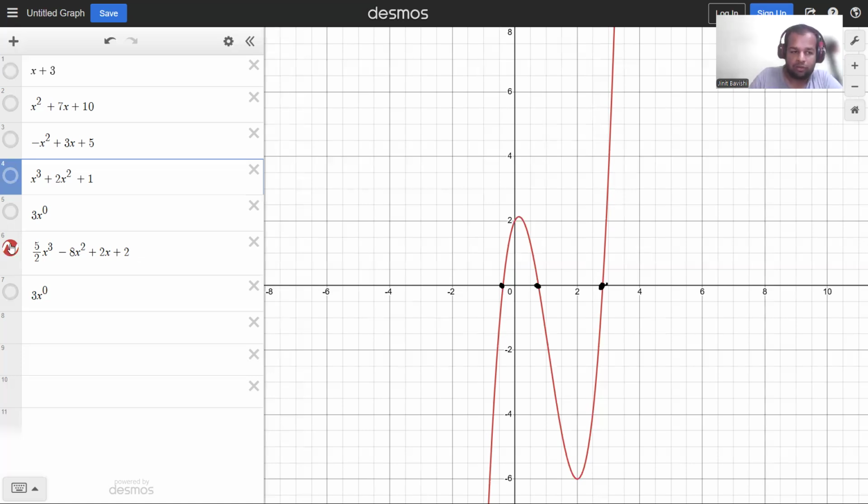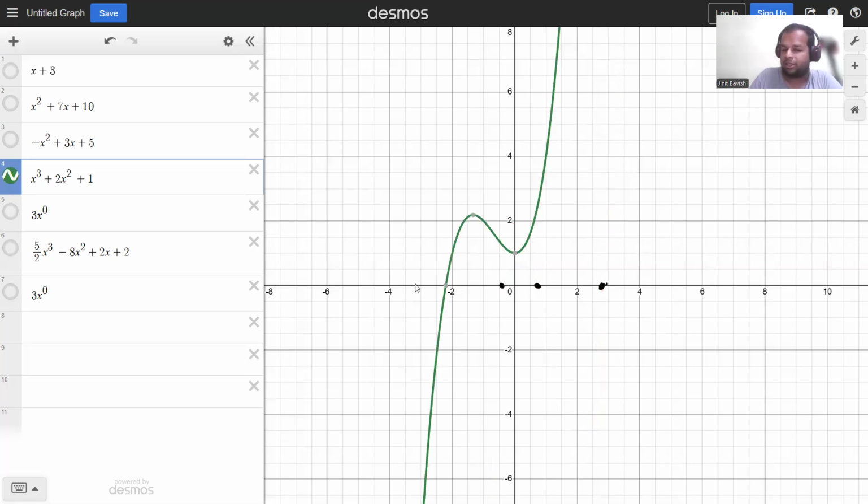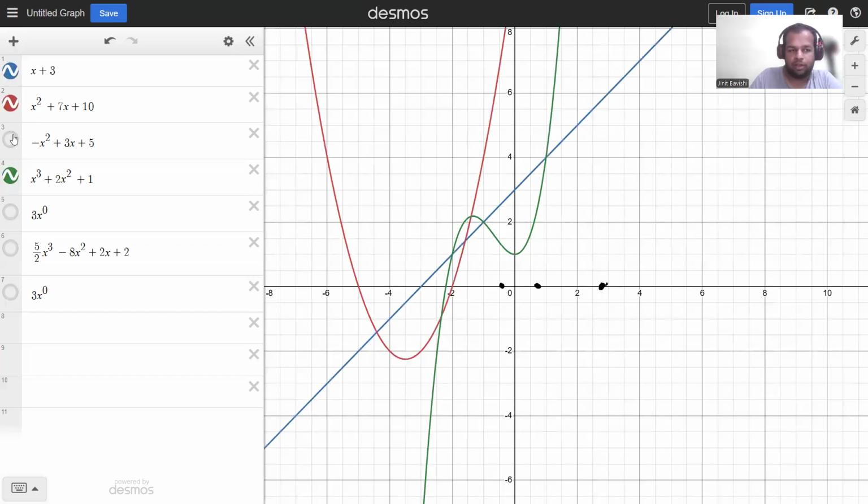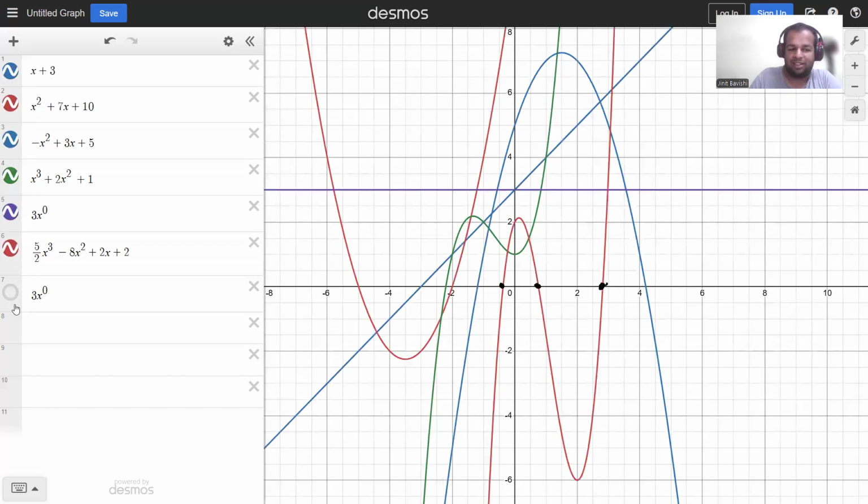In the case of question number 4, how many zeros does it have? It has only one zero, that is this particular value. So by now we know how to figure out, just by looking at a graph, how many zeros it has and what kind of polynomial it is. This is a beautiful graph when I put everything together. It's the fun thing about maths. With this, we'll stop here now. Thank you.